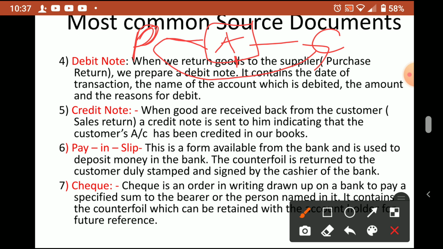Suppose he purchased 100 umbrellas from his supplier. Then he sells those umbrellas to different customers. Out of these 100 umbrellas, 3 umbrellas are damaged, not in a usable condition.